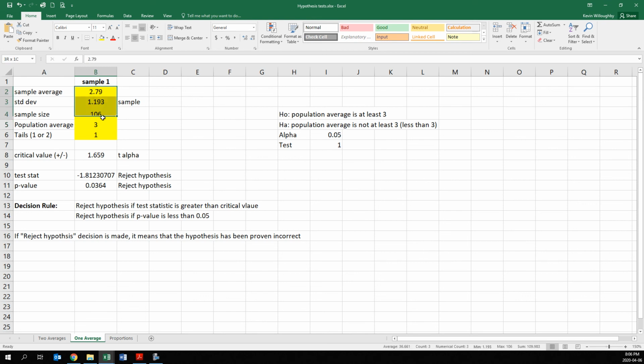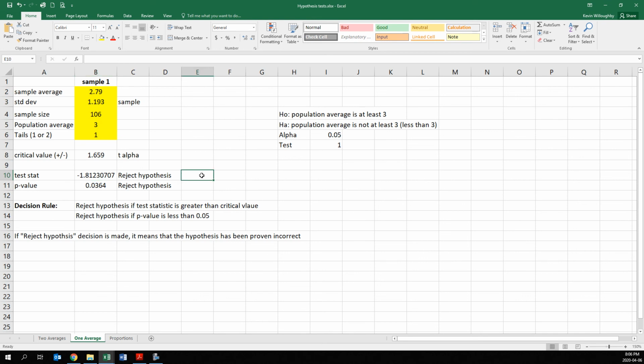So if you enter these values in yellow, the critical value 1.659 will pop up based on the formula and on the 5% level of significance. And there is our test statistic, negative 1.812.